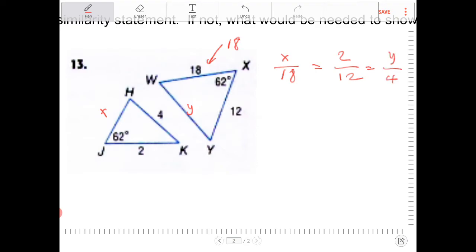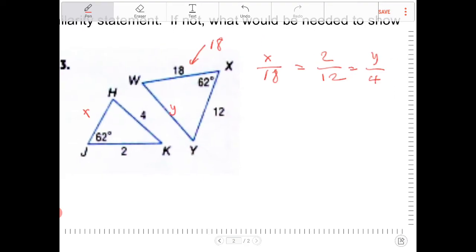If that's the case, then we would have enough information here to show that this is actually similar. So if I cross multiply with this guy, I get 12x is equal to 36, x will equal 3.